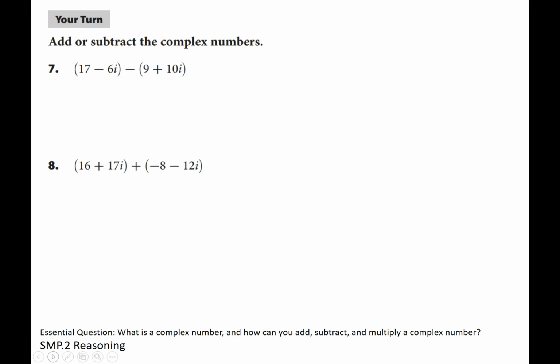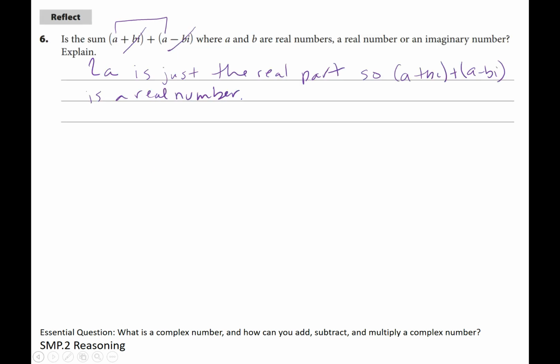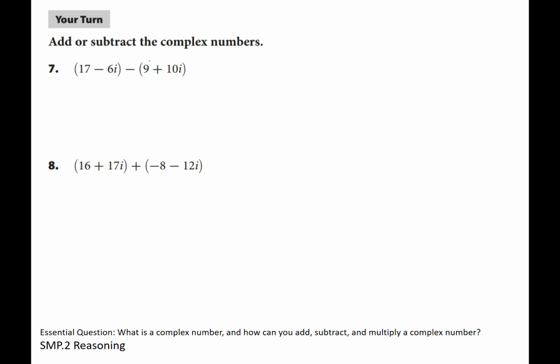All right, let me show you the way I would do these. So I would probably kind of cheat a little bit on my distribution here. I would do what I showed you in that last one. I would distribute that in and go ahead and just swap my signs. And I know that's really, really poor notation to do that, but it's what I would probably do. And then I wouldn't rewrite it. I would just combine my like terms like I've been doing since, I don't know, 7th grade maybe.